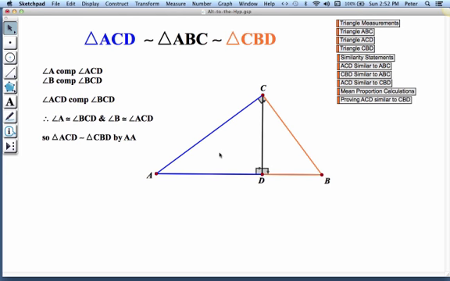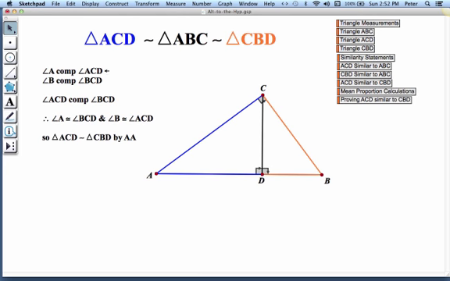Now, it starts with the angles. Since the blue triangle ACD is a right triangle, angle A and angle ACD are complementary. Since the orange triangle is also a right triangle, angle B and angle BCD have to be complementary, because those two angles must add up to 90, since this is a 90-degree angle here, and we know that all three add up to 180.